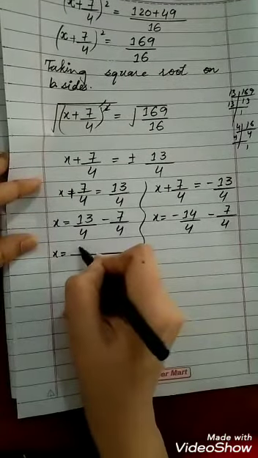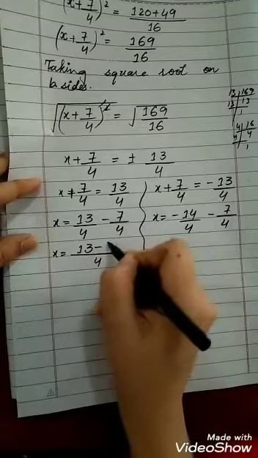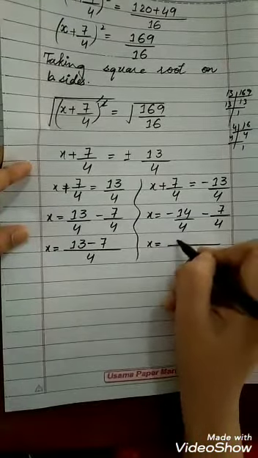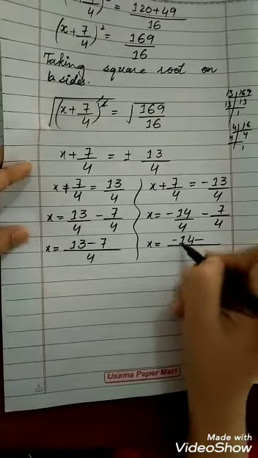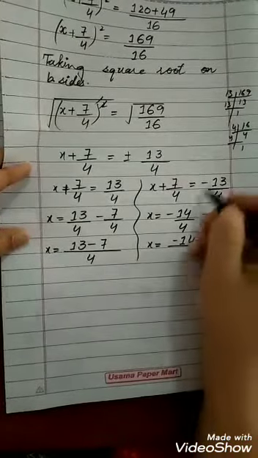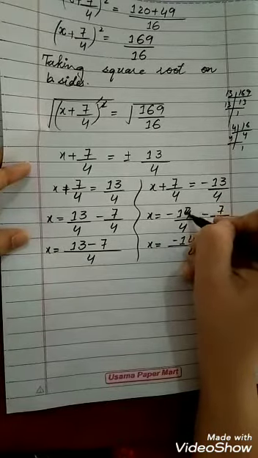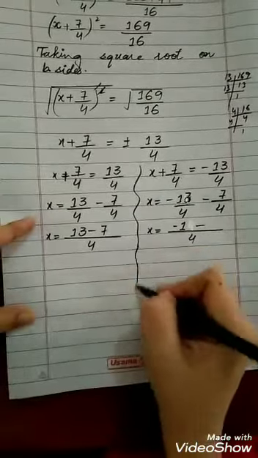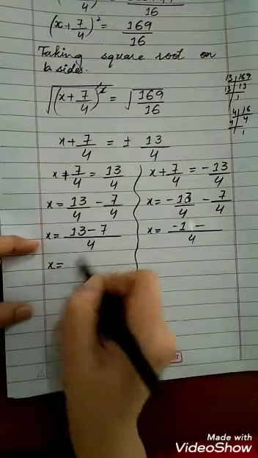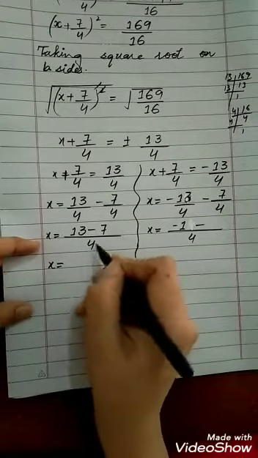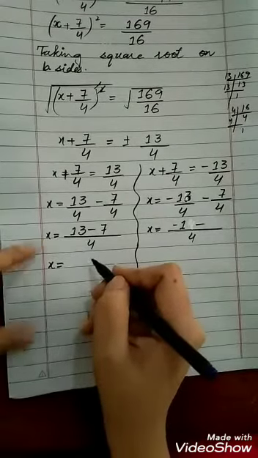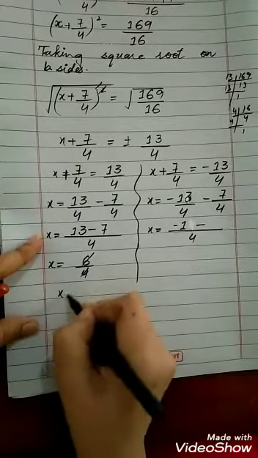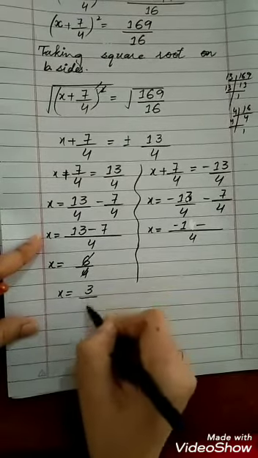Taking LCM, 13 minus 7, over 4, and for the second, minus 13 minus 7, sorry. So we will solve it after subtracting. That will be 6 by 4, and 2 threes are 6 and 2 twos are 4, so it will be 3 by 2.